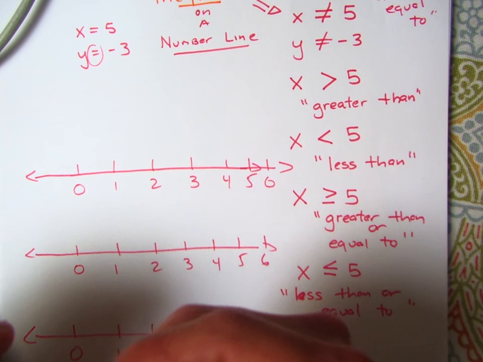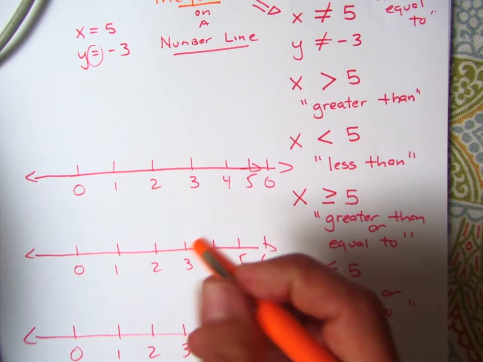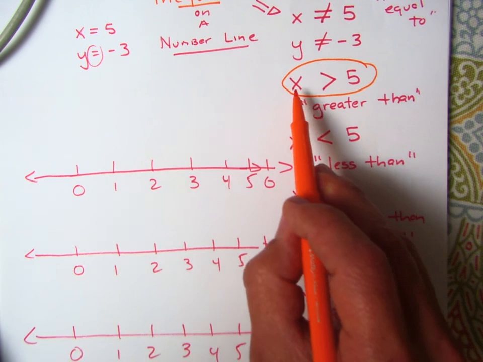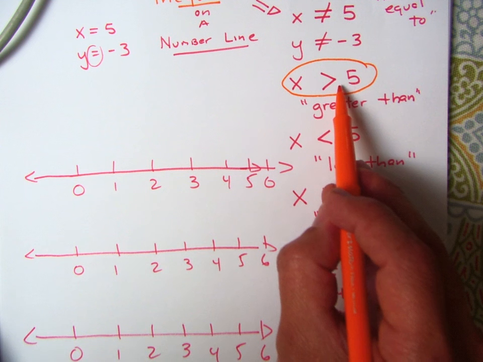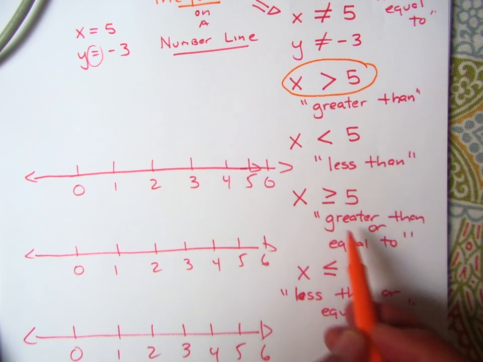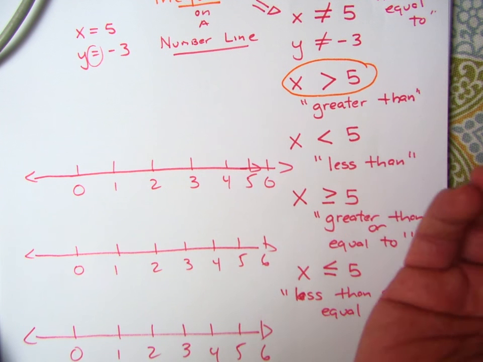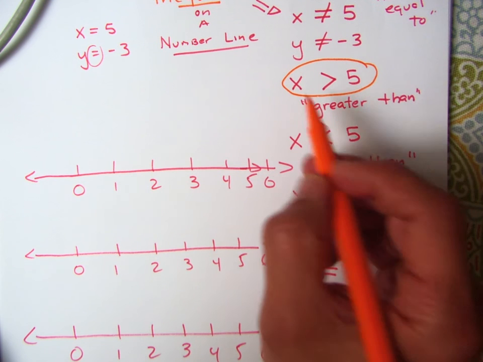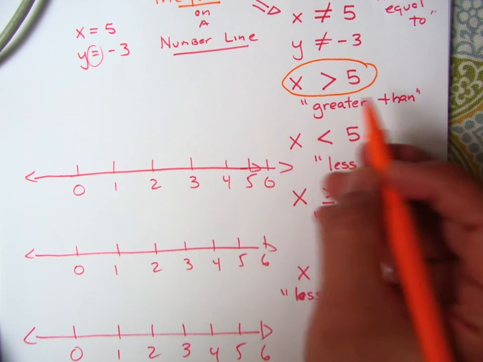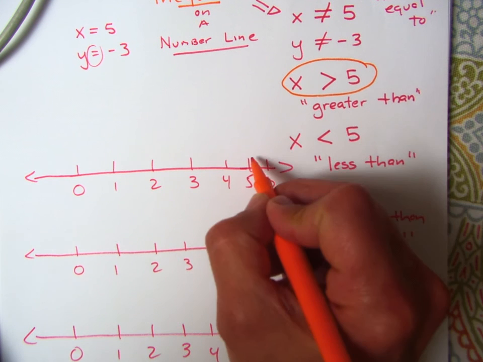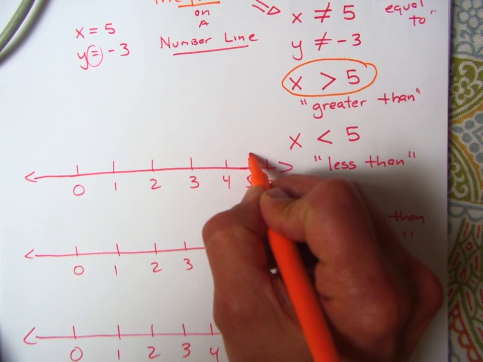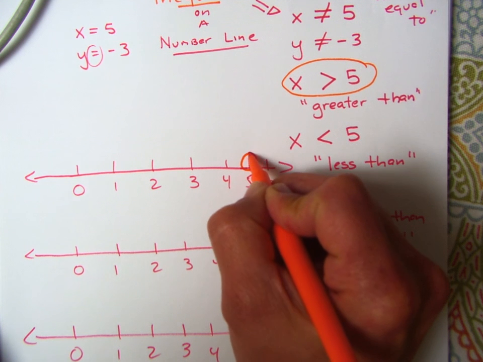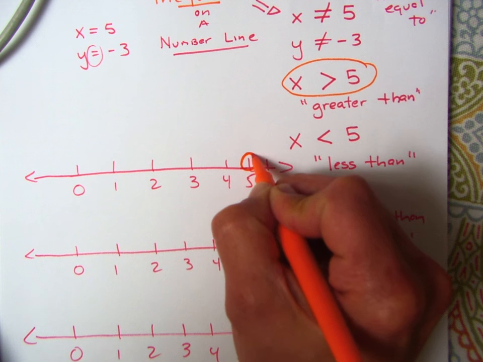So how are we going to write this inequality? I want all the numbers that are greater than 5, not equal to, because that would be this one. How do you show that on the number line? So where's 5? It's right here. I'm going to put what's called an open point.